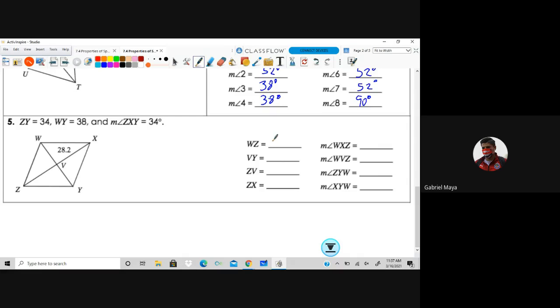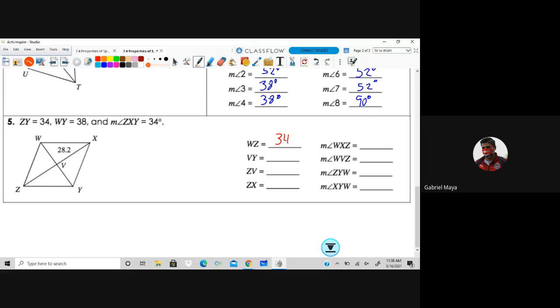So I'm guessing WZ is what you're saying is 34. Okay, where's WZ? Well, if all the sides are congruent, WZ is 34 because ZY is 34. So yeah, 34. WZ, ZY.